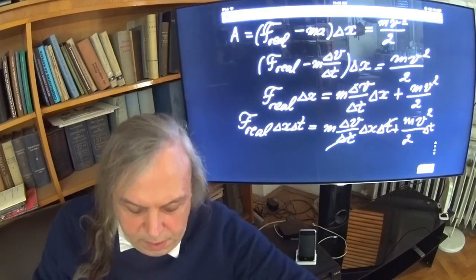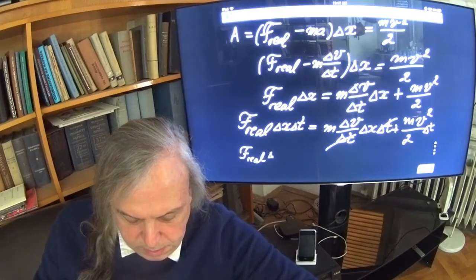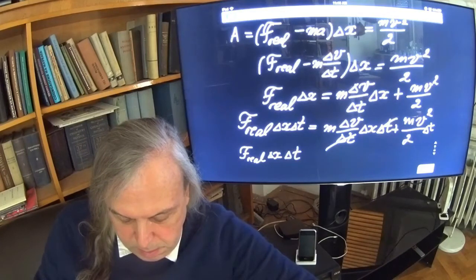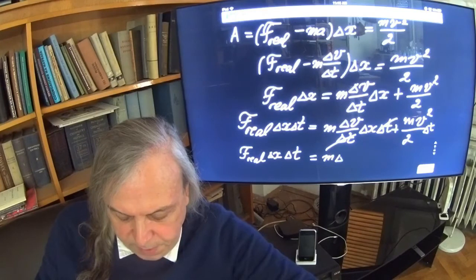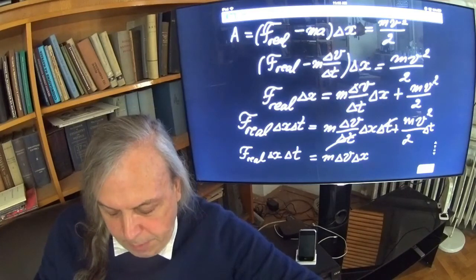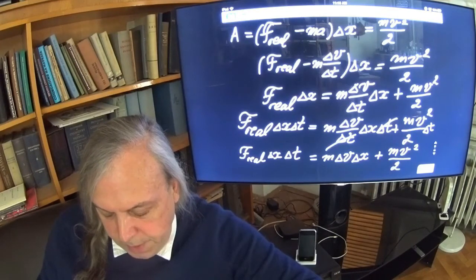So we get F real delta x delta t equals m delta v delta x as the first term plus m v squared over 2 delta t as the second term.